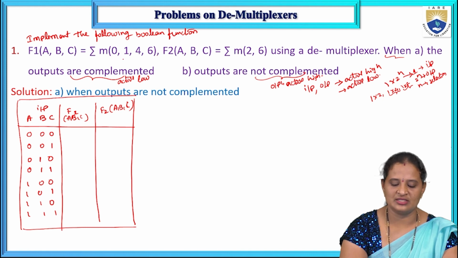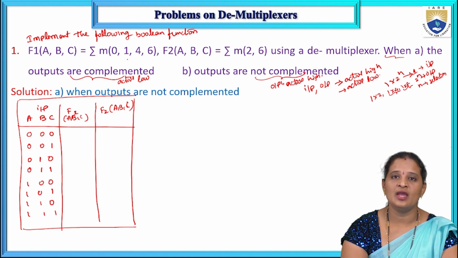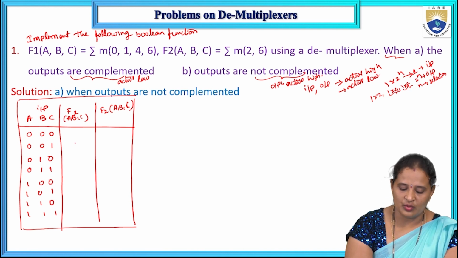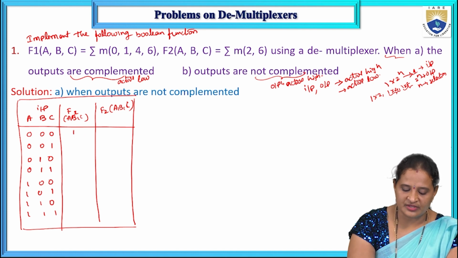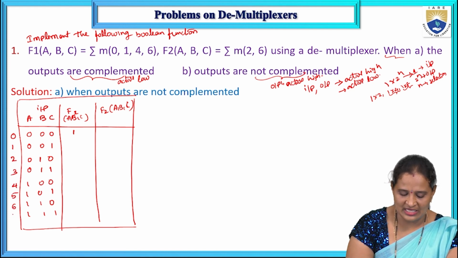What this indicates is the min terms for which the function f1(a, b, c) is considered to be 1. So what are the combinations for which the function output is 1? What are the decimal equivalents here? 0, 1, 2, 3, 4, 5, 6, 7.